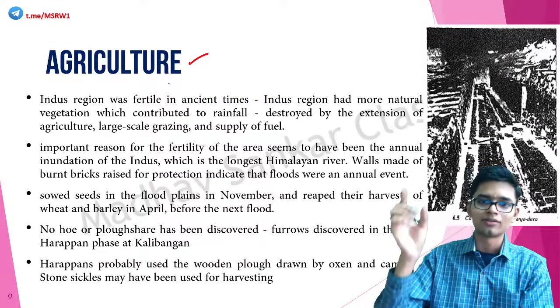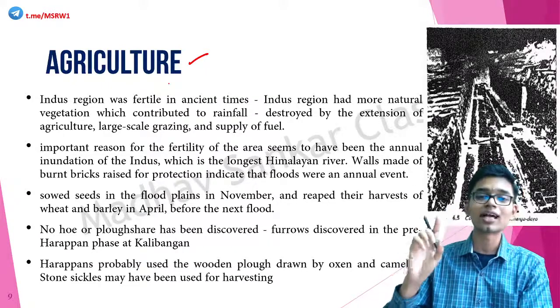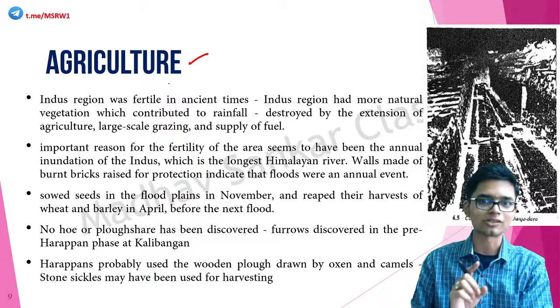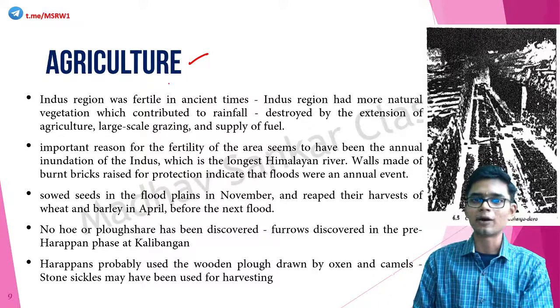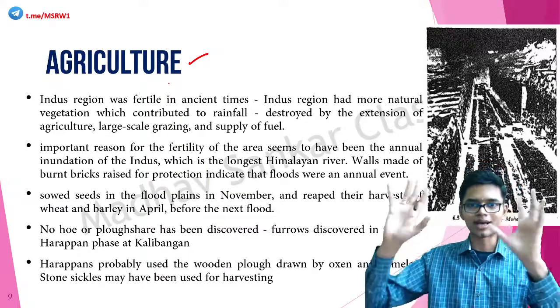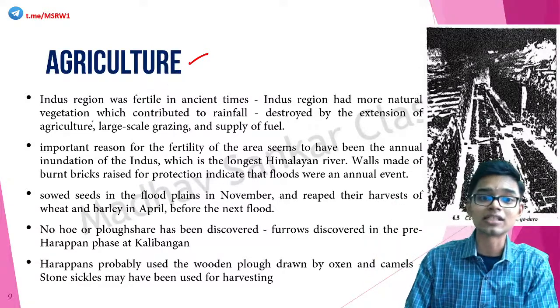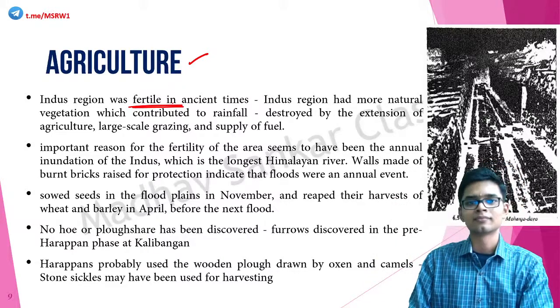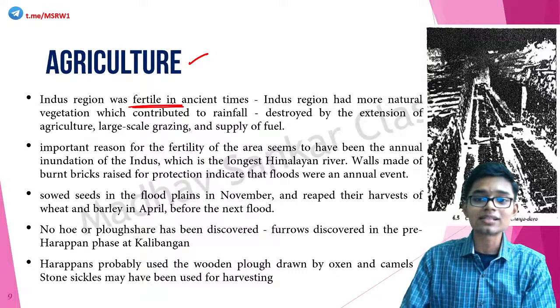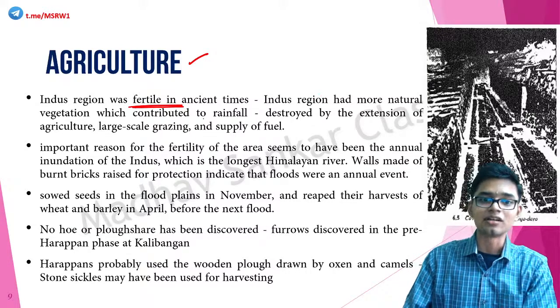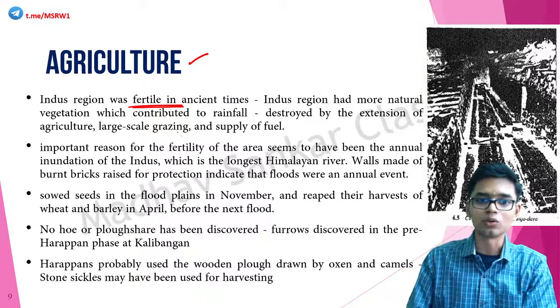But way back then, during the time of Indus Valley civilization, this was not the condition. About 3000 years back, the Indus region was fertile. The Indus region had more natural vegetation, which contributed to rainfall.